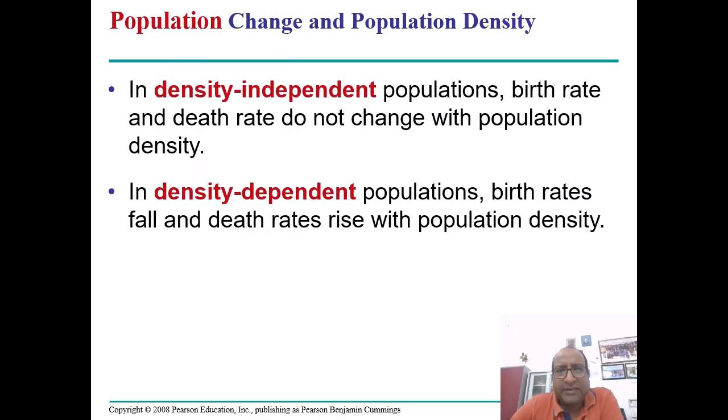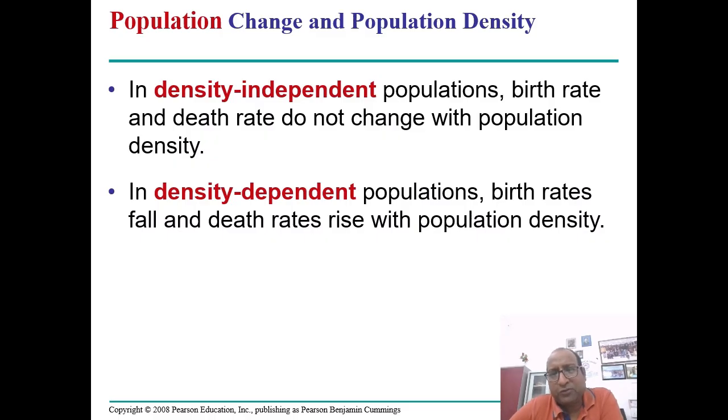So, population change and population density. In a density-independent population, what happens? The birth rate and death rate do not change with the population density. In a density-dependent population, birth rate and death rate change with population density. It means that if the population density is increasing, the birth rate will fall and the death rate will increase.